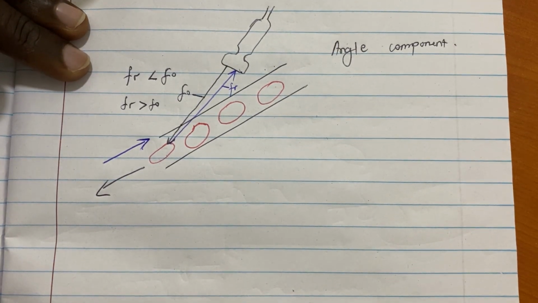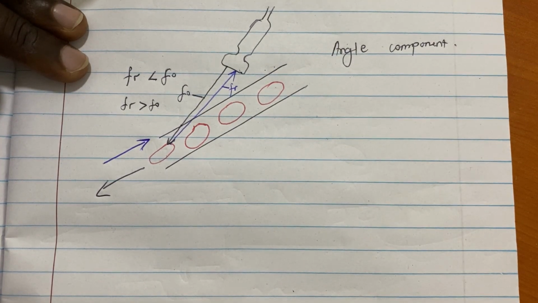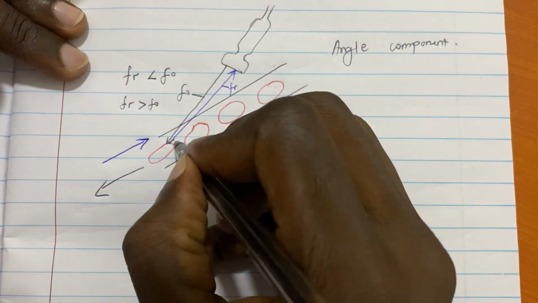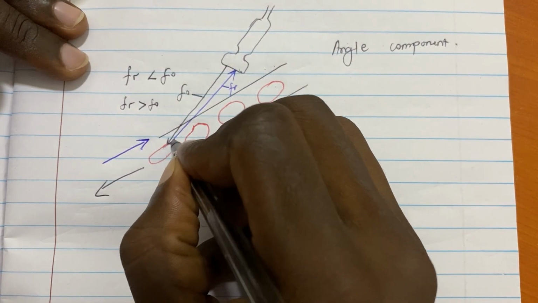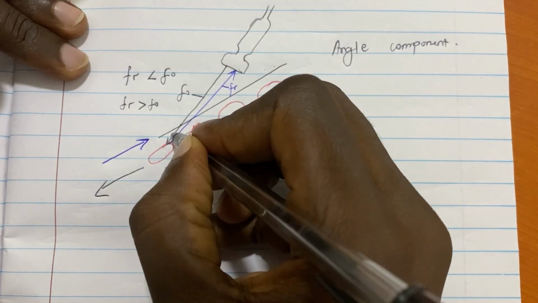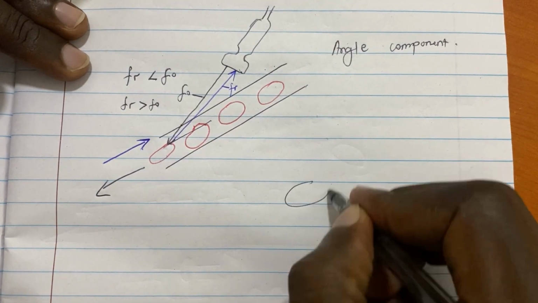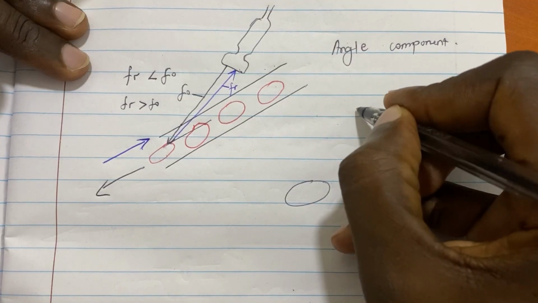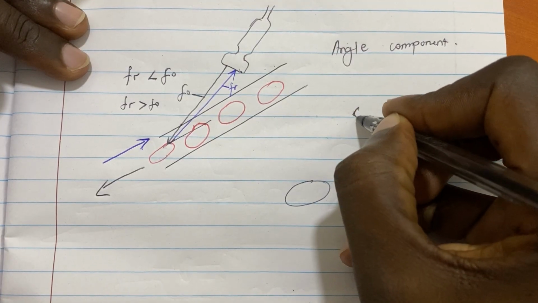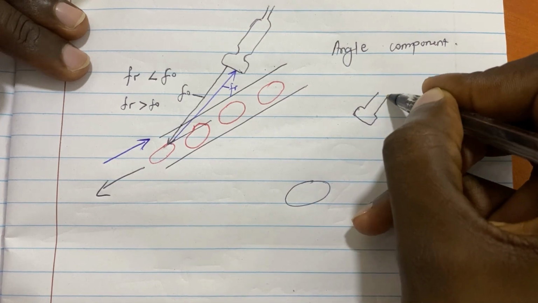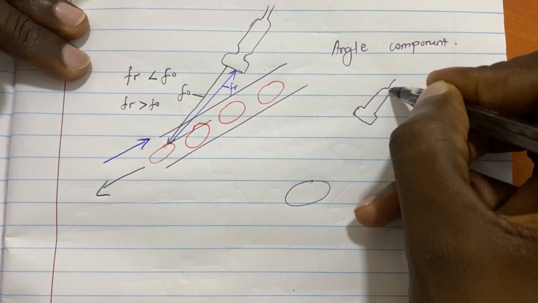Which angle? For example, this is a normal. The transmitted ultrasound, for example, this is the red blood cell, and this is our probe.